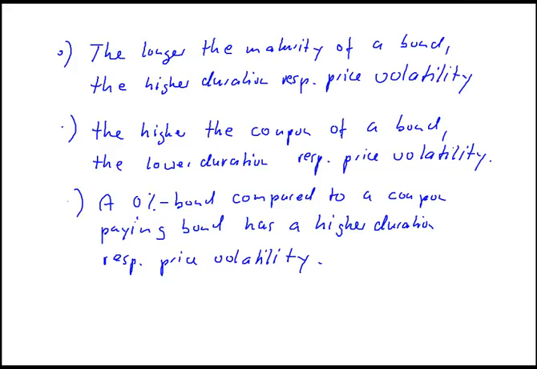Duration can be determined mathematically as follows: taking the first partial derivative of the bond price with respect to a change in the level of interest rates, and then dividing that by the price of the bond. That gives the modified duration. To keep the calculation of the first partial derivative simple, let's take a zero coupon bond.